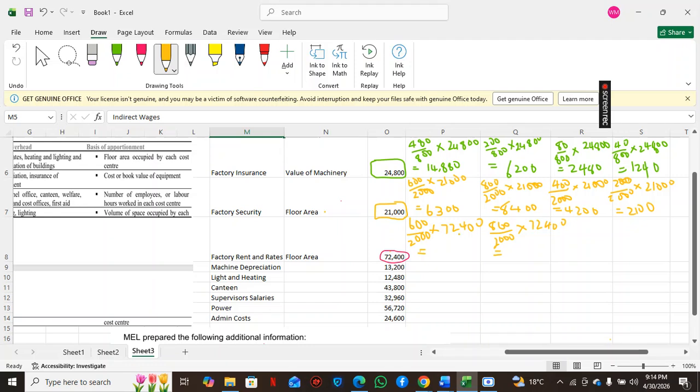600 over 2,000 times 72,400. Okay, 21,720.